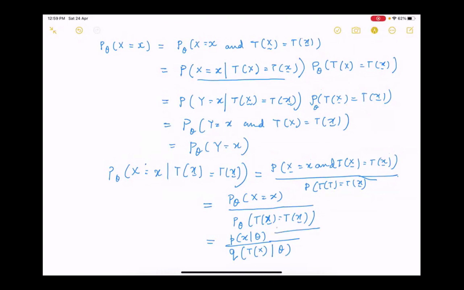This is the joint PMF of x tilde, and this is the PMF of Tx tilde.